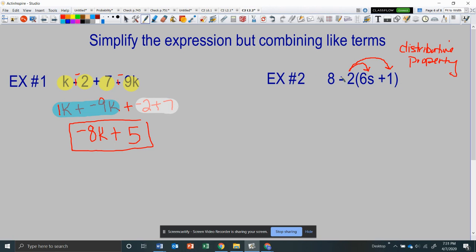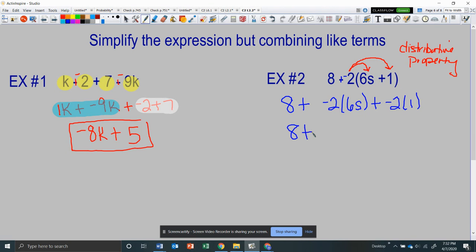Something really tricky here, though. This is actually a -2 that's going to get distributed. Okay, so I'm going to have my 8 plus, then I'm going to do negative 2 times 6s, and I'm going to do negative 2 times 1.